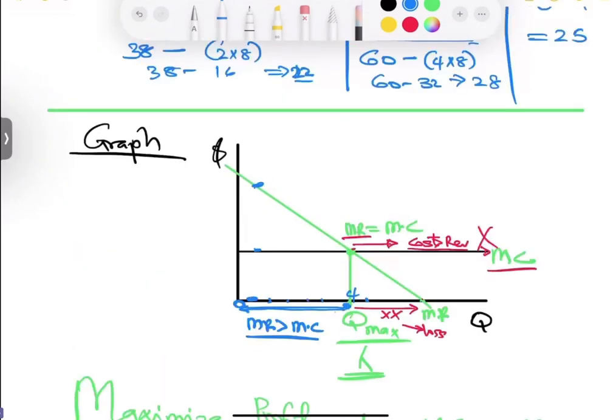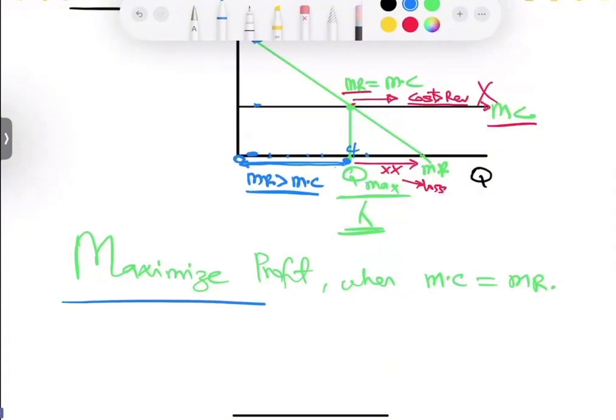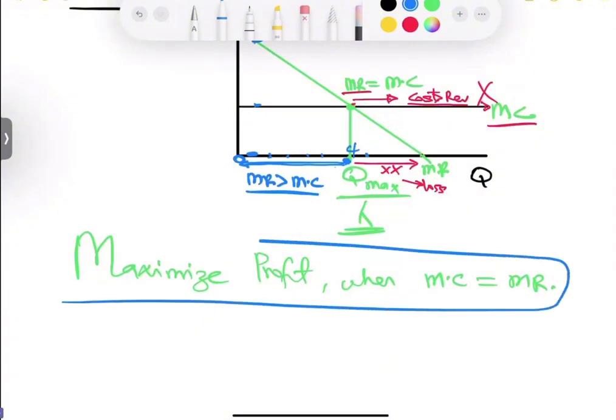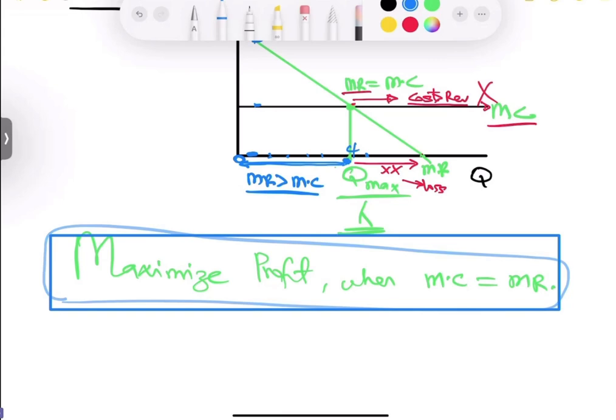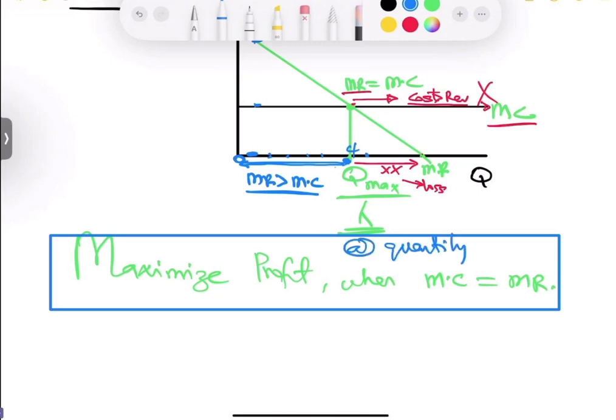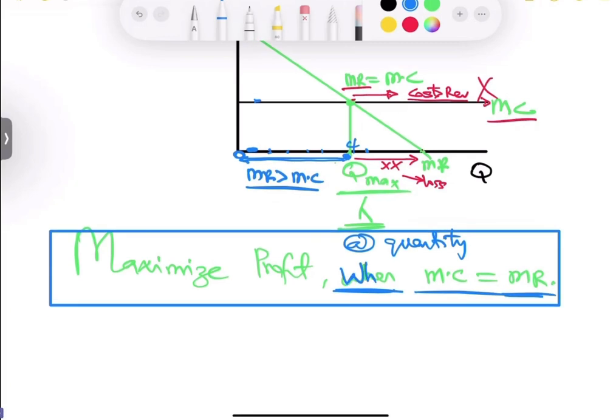One thing that you need to know is that profit is maximized when marginal cost is equal to marginal revenue. So profit is maximized at the quantity, very important, where marginal cost is equal to your marginal revenue.